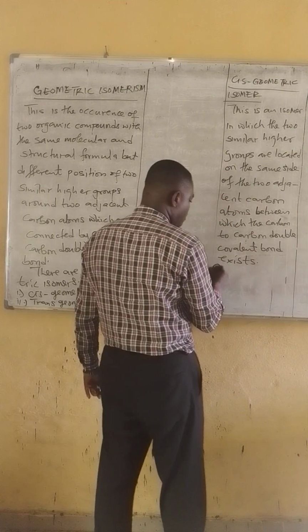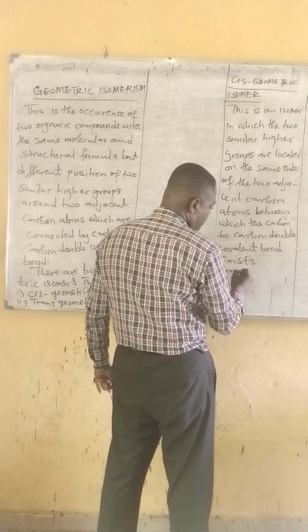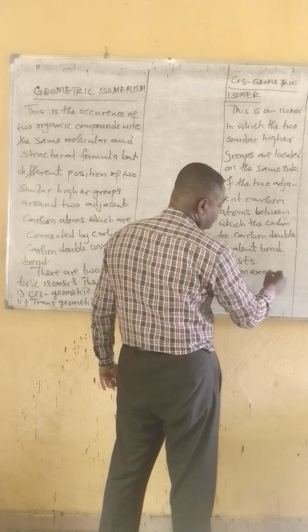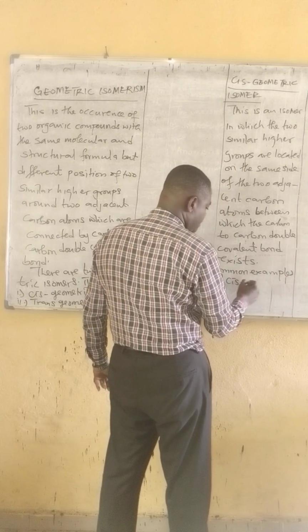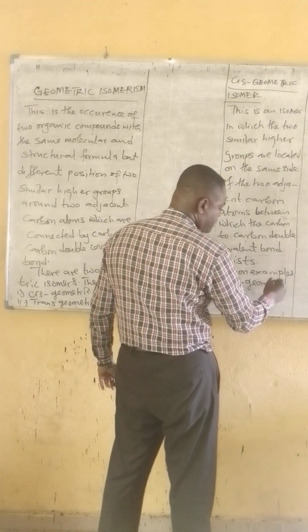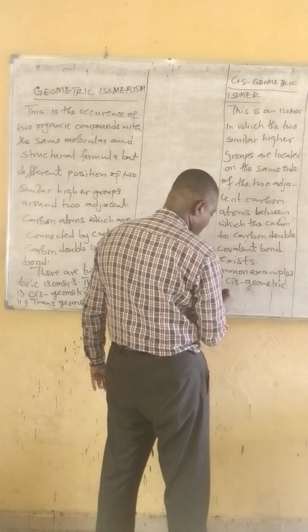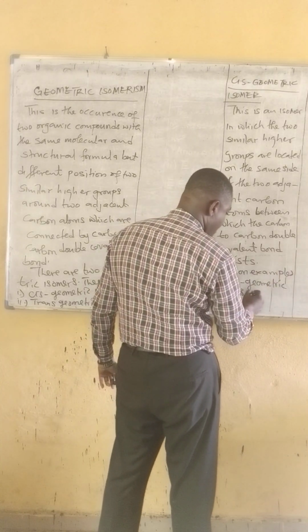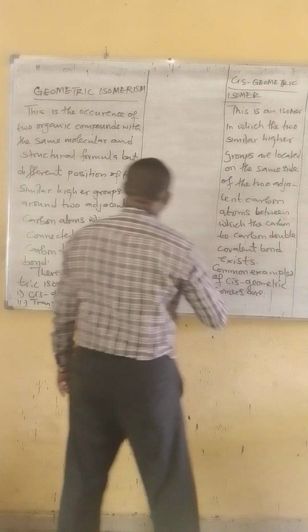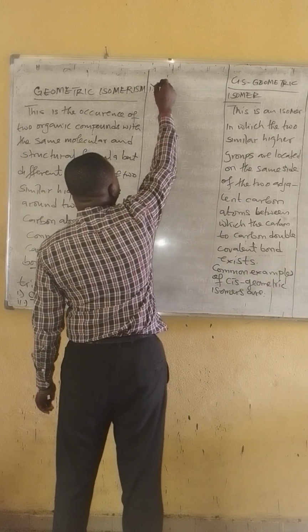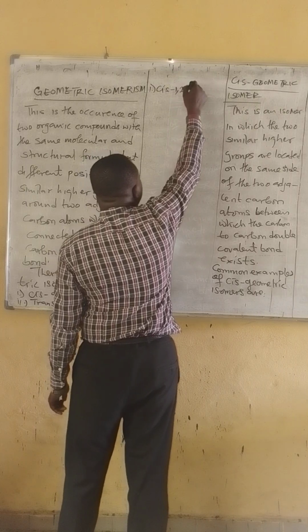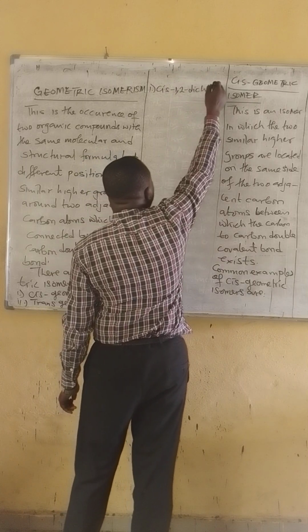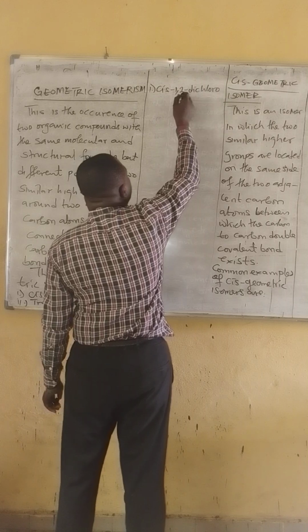Now, common examples of cis geometric isomers are, number 1, cis-1,2-dichloroethene.